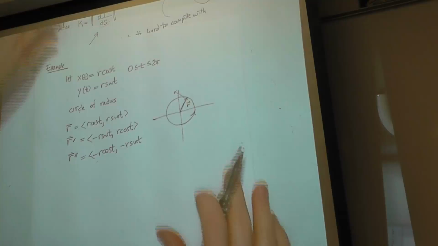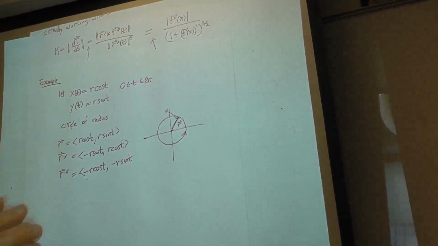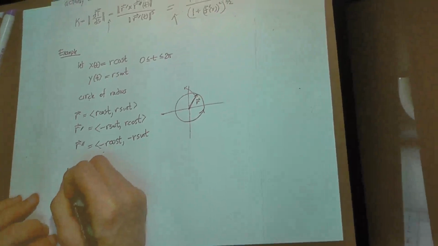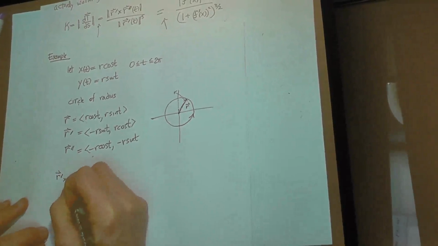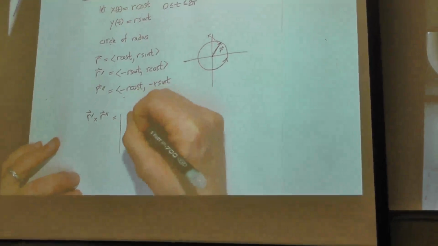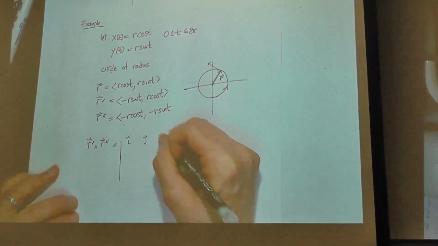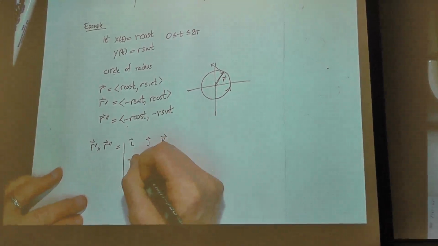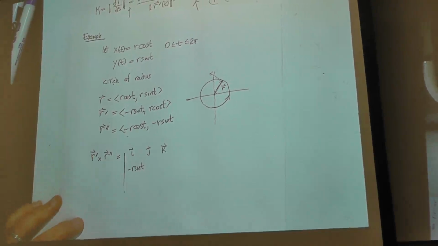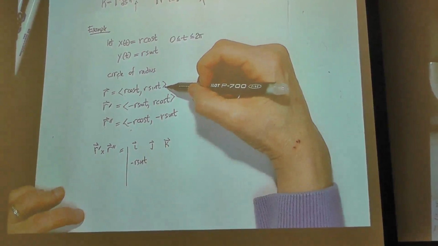Okay, so if I look at this formula and compute curvature, the first thing I should do is compute r prime crossed with r double prime. What do we do when we want to cross vectors in 2 dimensions?